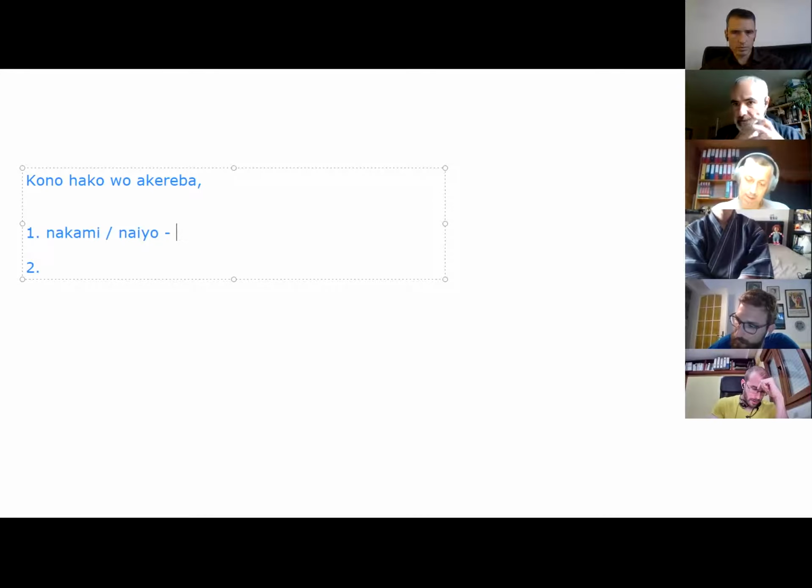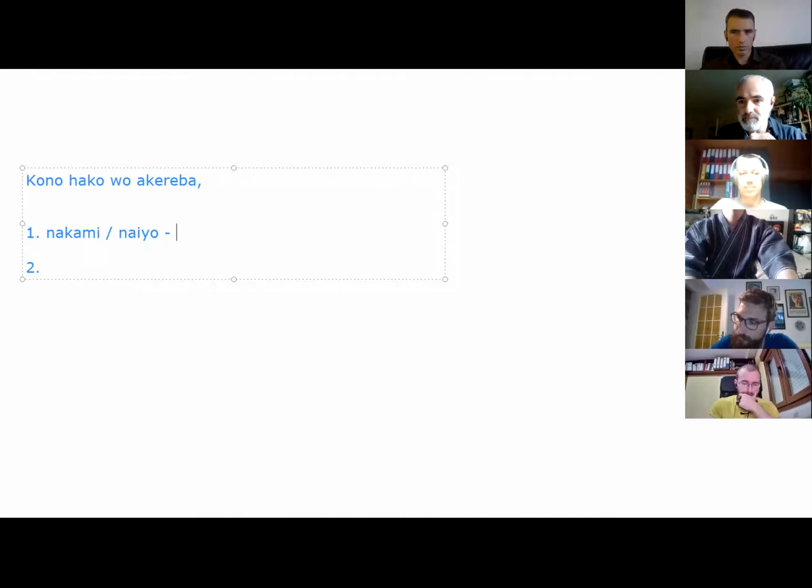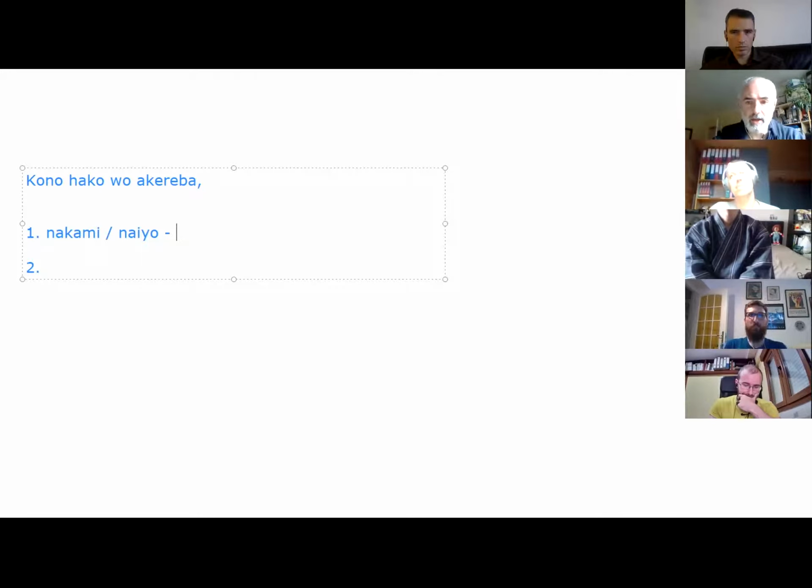Naiyo can refer to both a solid object, but it's usually used to mean something intangible, like information or a meaning or character. It's a little bit more ephemeral. So if you wanted to say, you will be able to see the contents, then how would you say this?